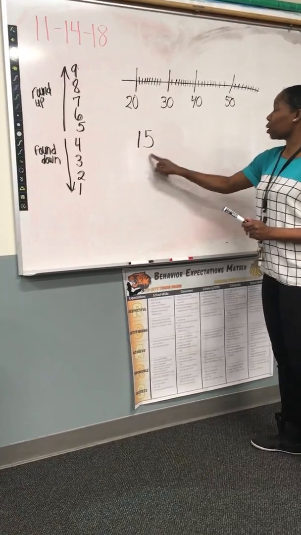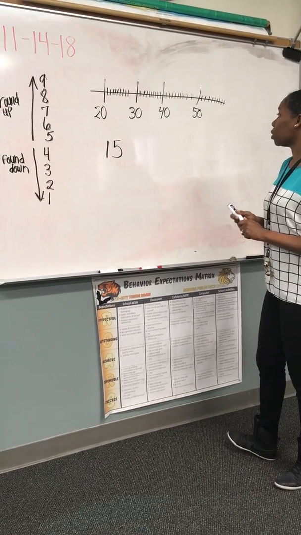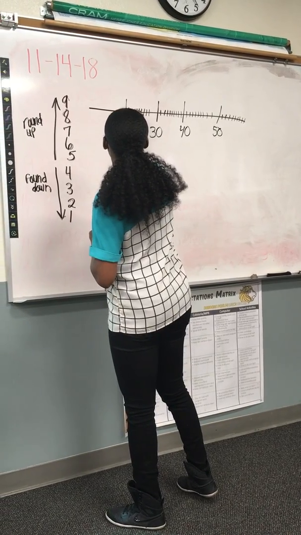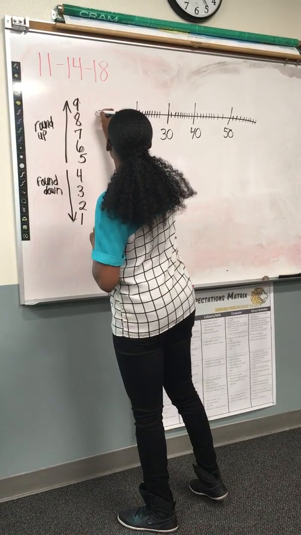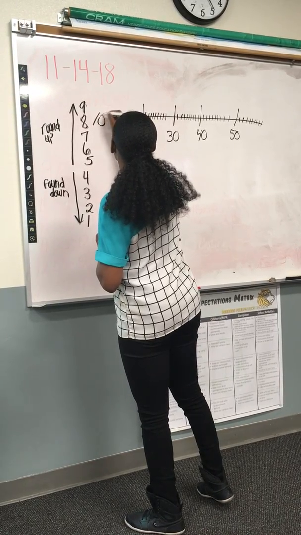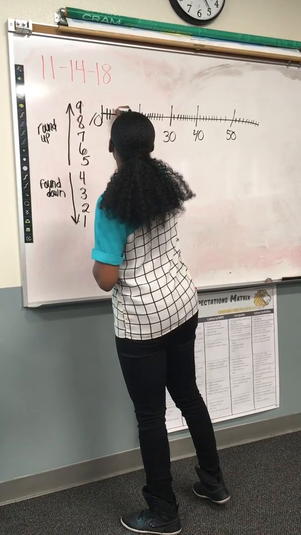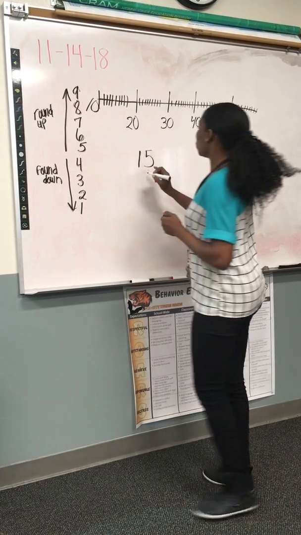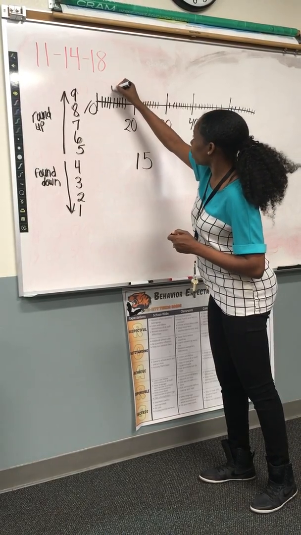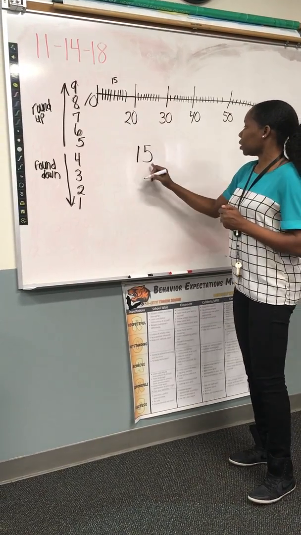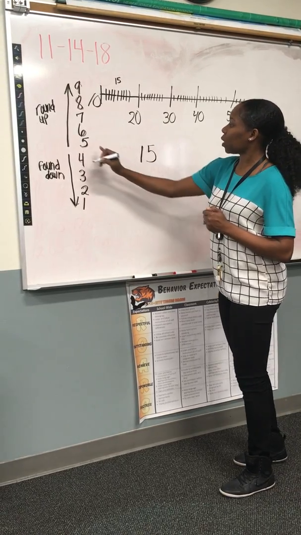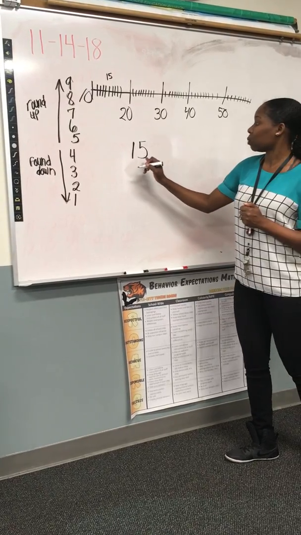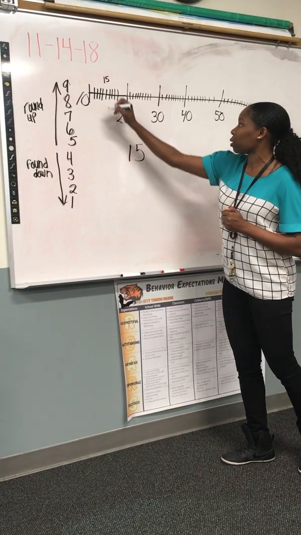So for example, what do you think 15 is going to be rounded to if we have the number line? So 15 is the midpoint, right? This is 15. And since 5 is in the tens place, where are we rounding? We're rounding up to 20. So if we ask you to round 15 to the nearest 10, we're going to round it to 20.